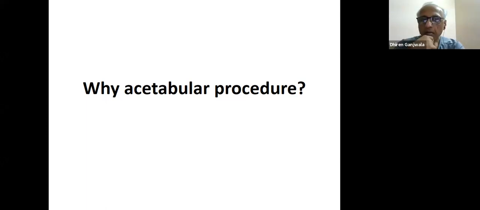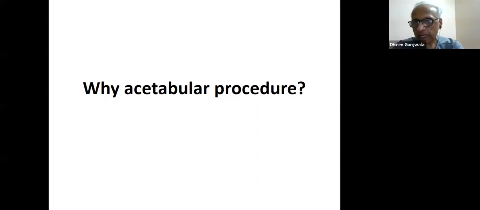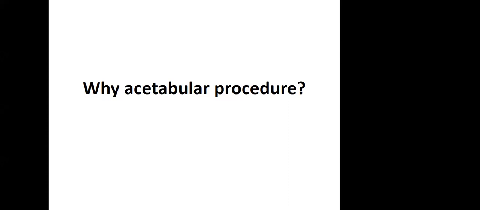Okay, right. But the question you have still not answered is why the acetabular procedure has to be added. Or, as Hitesh already asked you in other words, if you are doing the open reduction at 2 years, would you do the acetabular procedure or not? The acetabulum still has remodeling capacity, sir.